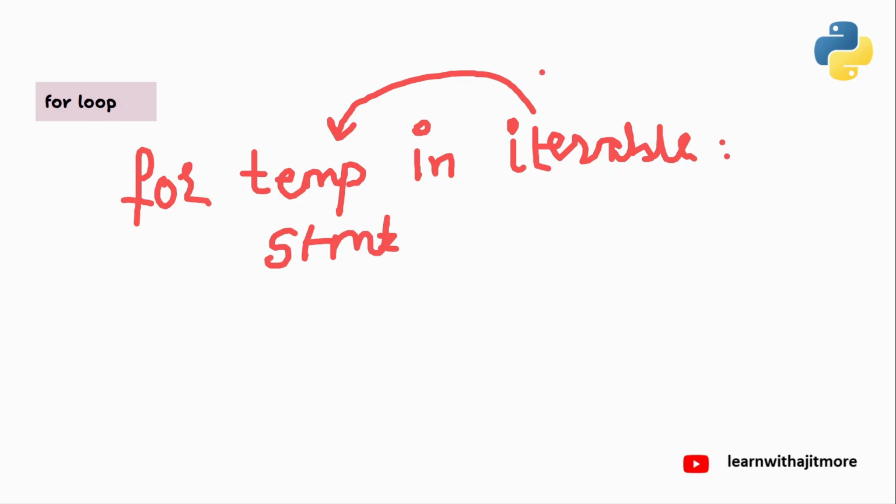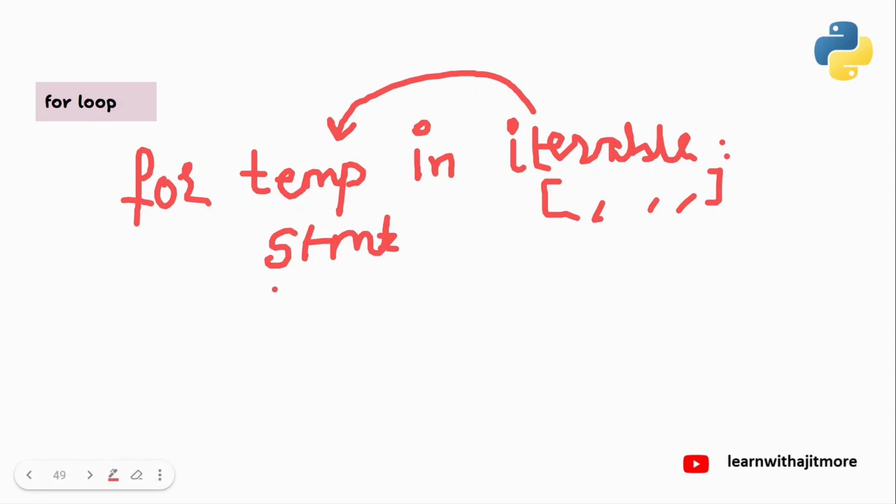Again, next time, the next value is copied into temporary. Statement performed. Now, if there are no more values to visit, okay? If there are 4 values, the first value is copied in temporary, statement performed. Next time, the second value is copied in temporary, again statement performed. This way, if all the values are visited, for loop will stop.